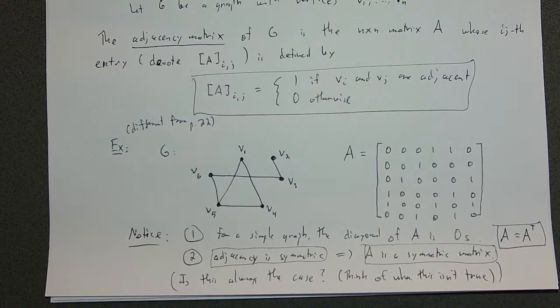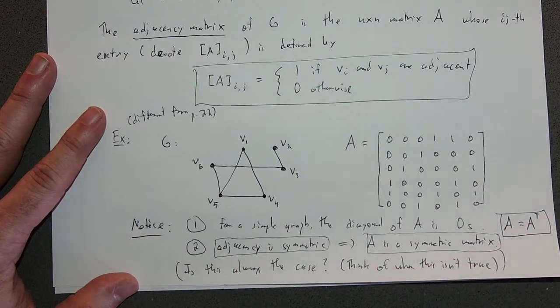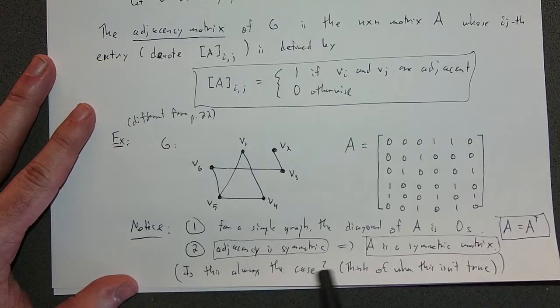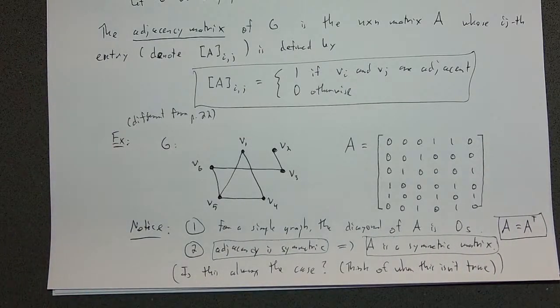But anyway, that is essentially guaranteed. Although, as I said, go back to the first day of class and think of some of those other special types of graphs and when adjacency would not necessarily be symmetric. Okay. What about a directed graph? What about a digraph? Right. That's the hint. Anyway.